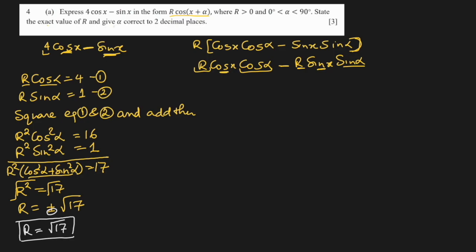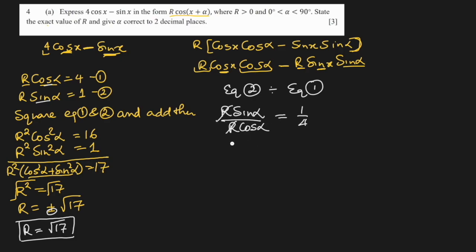Now they are asking alpha correct to 2 decimal places. That's what we need to do. For doing that, we'll divide equation 2 by equation 1. Why 2 by 1? Because we know that sin divided by cos is tan. So r sin alpha divided by r cos alpha, the left side divided by left side, will be 1 divided by 4. R and R cancel, that was the purpose. And sin alpha over cos alpha is tan alpha, which is 1/4.